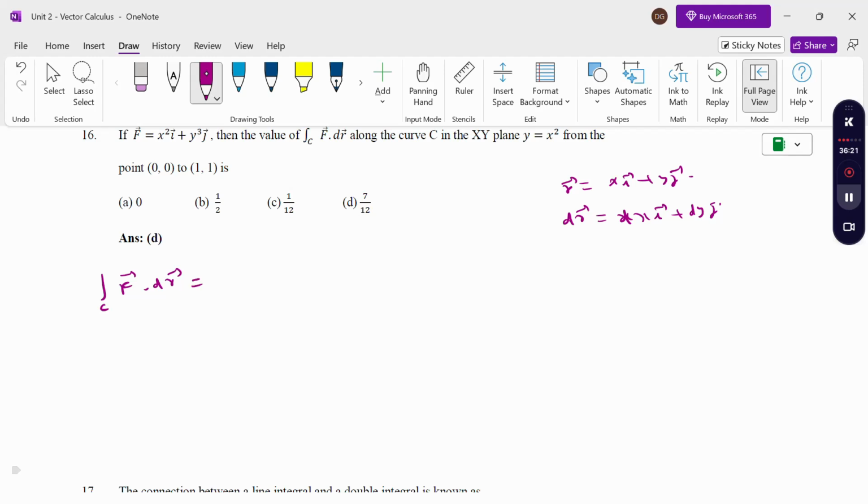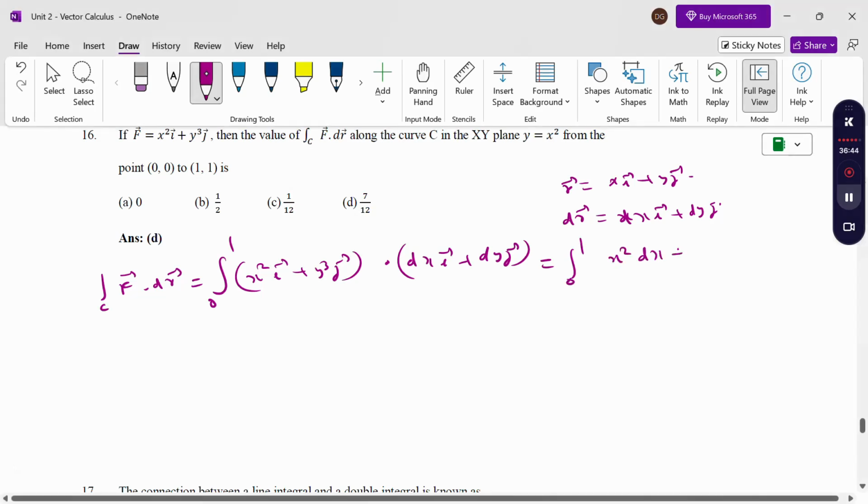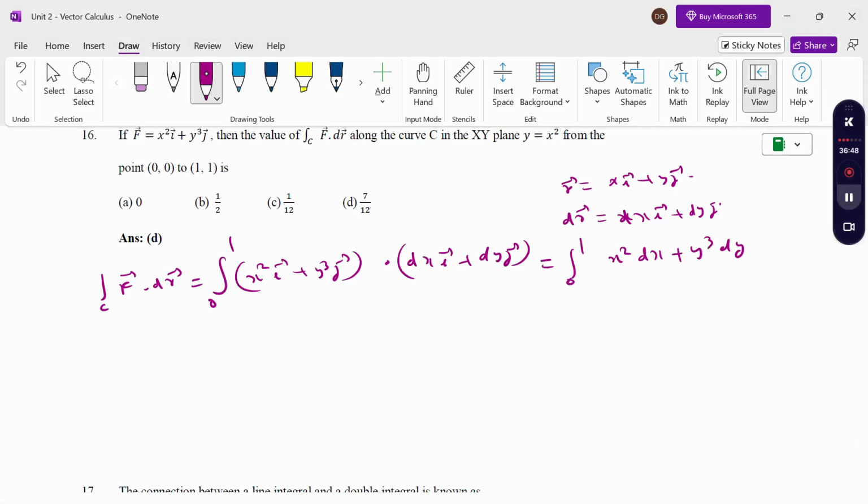Therefore integral over the limit 0 to 1, F vector x square i vector, y cube j vector, dot dx i vector plus dy j vector. So when I multiply these two terms, integral over C, 0 to 1, x square dx, i dot i is 1, j dot k is 0, j dot j is 1, so y cube dy.